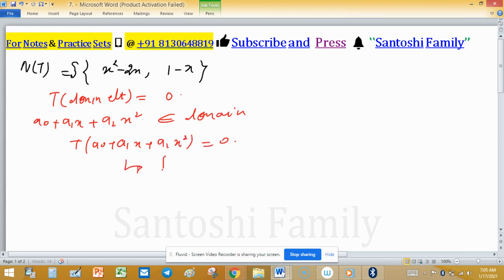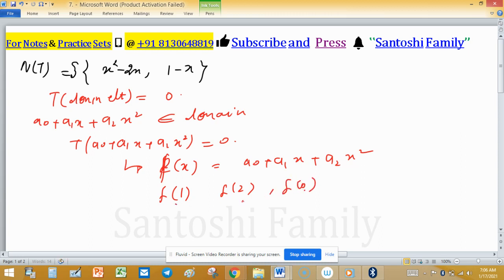Now consider this a function f, or polynomial px you can say more precisely, or fx. So fx is a naught plus a1 x plus a2 x square. Now we need to find f0, f1 and f2 to get a matrix for this: f0 minus f2, 0, 0, and this is f1.